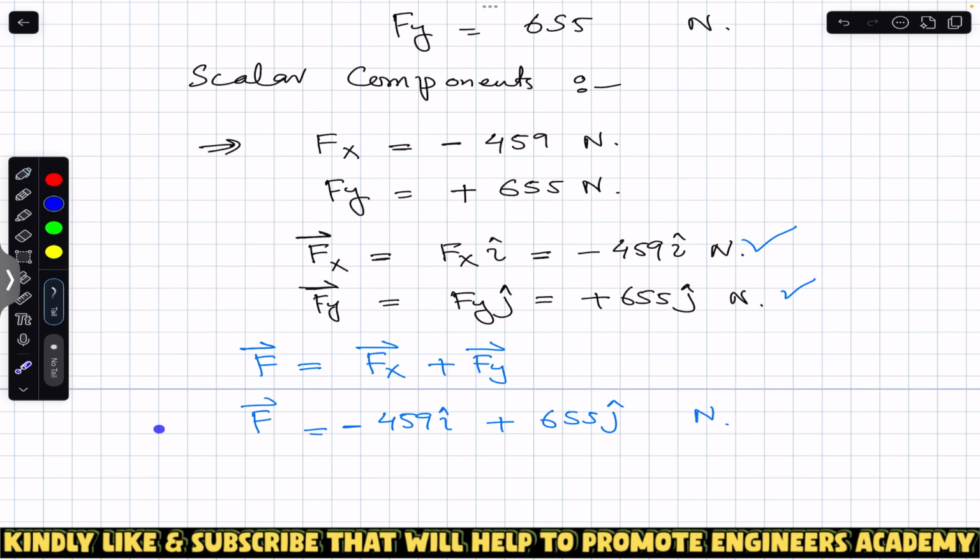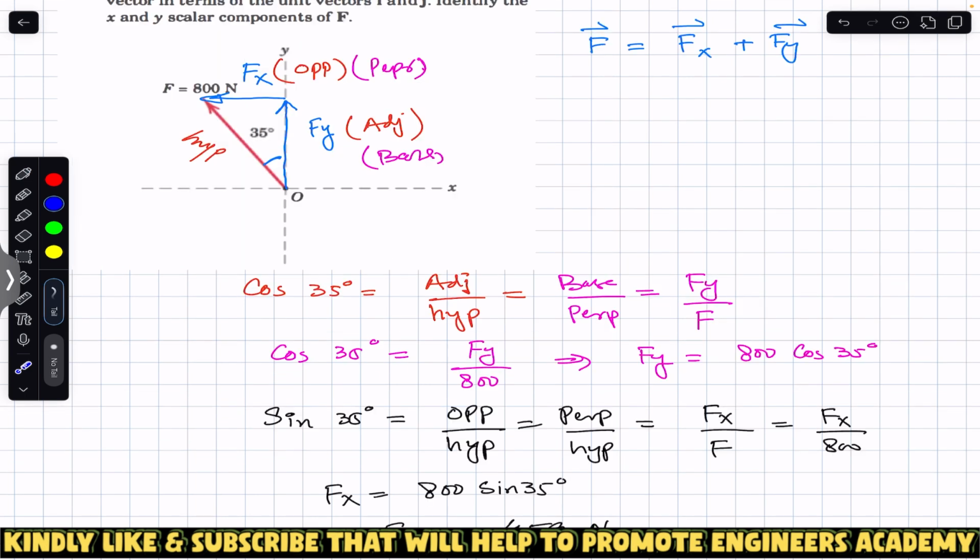So this is the representation of that force F in terms of unit vectors I and j. The component which is adjacent to the angle is always the cos component, and the component which is opposite to the angle is always the sine component.